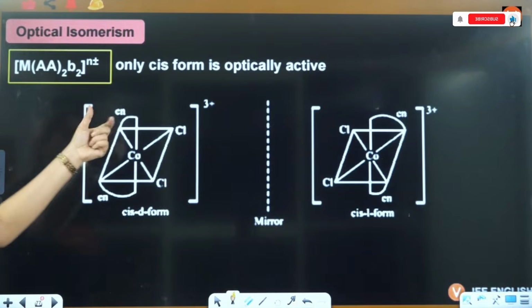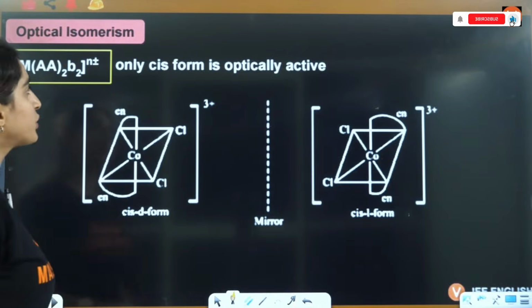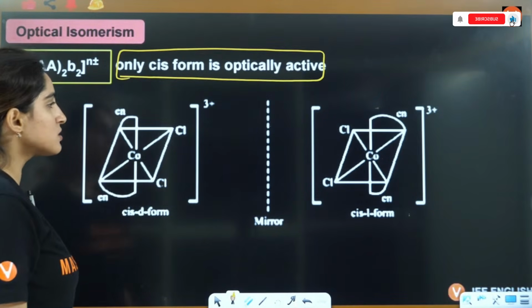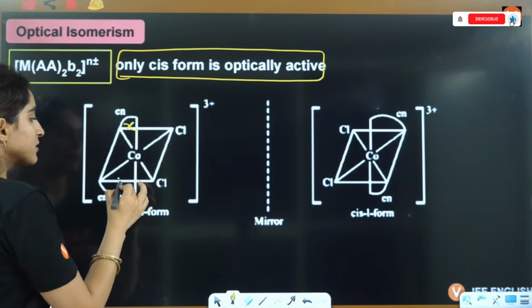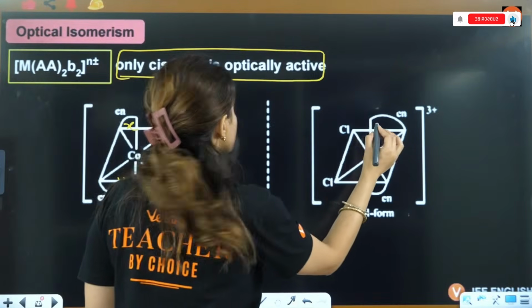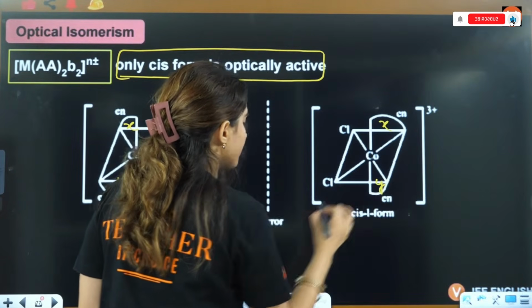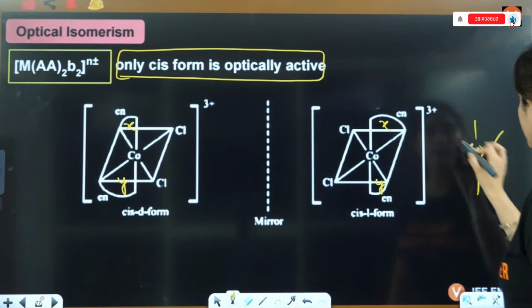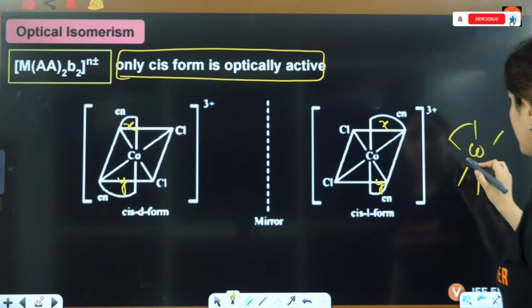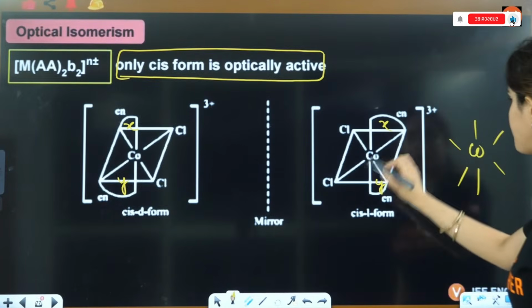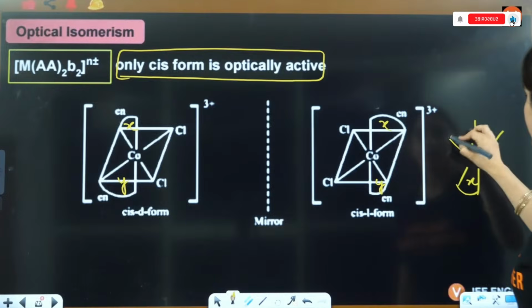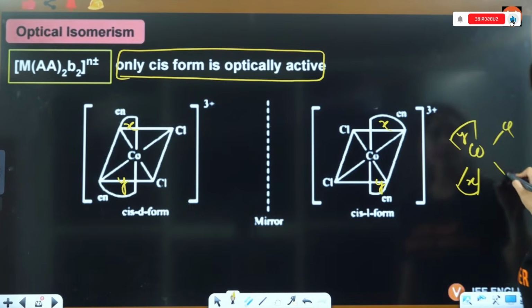Then in case of A2B2, only the cis form is optically active. So this is the cis form, this is X and this is Y. When you take the mirror image, this will become X, this will become Y, and this will go here, opposite to this one, that will go here, this is X, this will go here, that is Y, and this will become Cl and Cl.